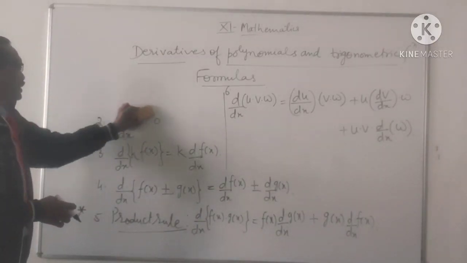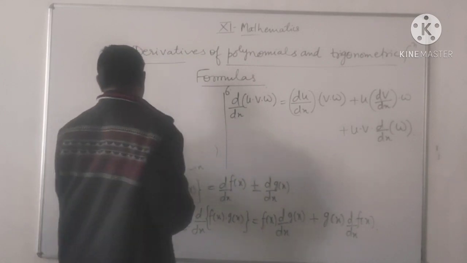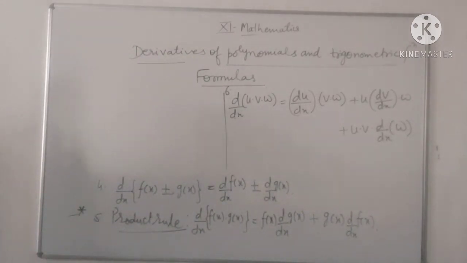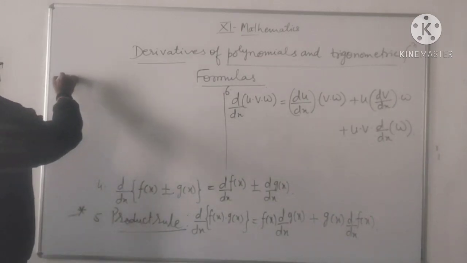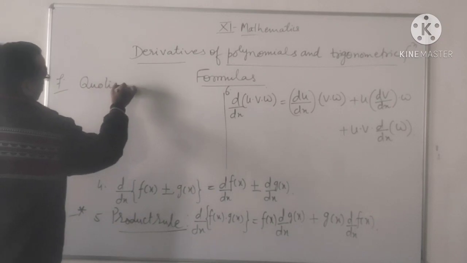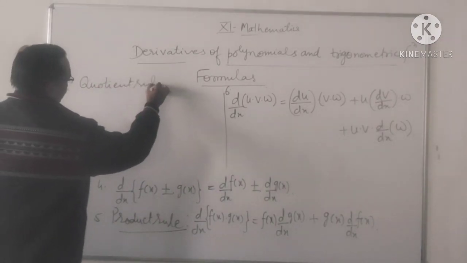Student, formula number 7, that is called quotient rule. Quotient rule.